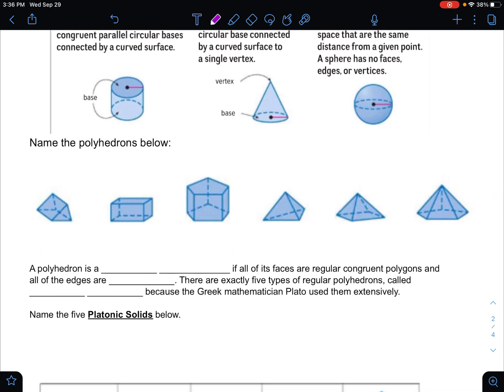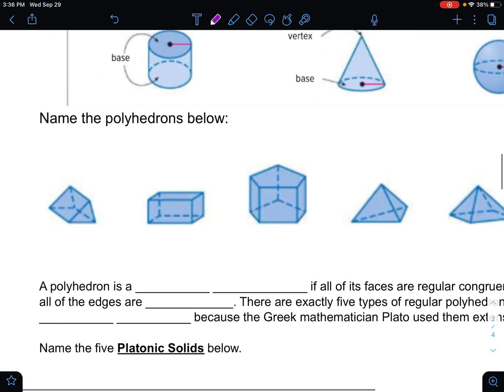So the polyhedrons below here, when we are looking at, for instance, prisms, we always name them by the base, which is not necessarily the bottom of the polyhedron. We know that the base here is going to be a triangle because those are the congruent and parallel faces that are connected by the rectangles.